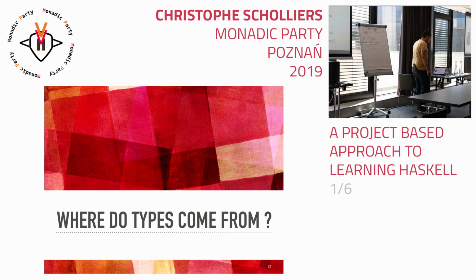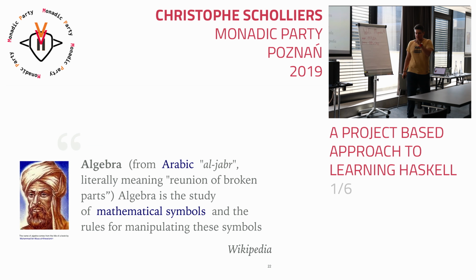Okay, so this is just to make things light. Well, basically there is an algebra for that, and the word is from Arabic, and it's the study of mathematical symbols. And the most important meaning for what we are going to see is that the literal meaning is the reunion of broken parts.